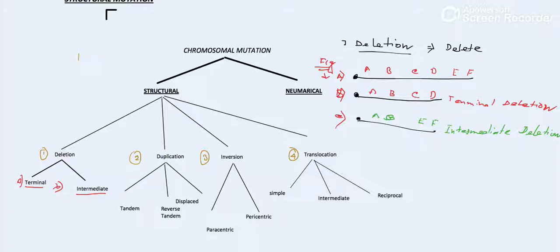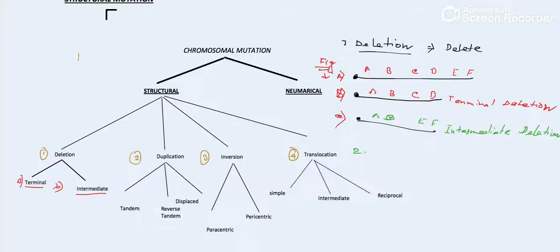So there are two types of deletion: terminal deletion, where the terminal gene is deleted or missing, and intermediate deletion, where the intermediate part is deleted.